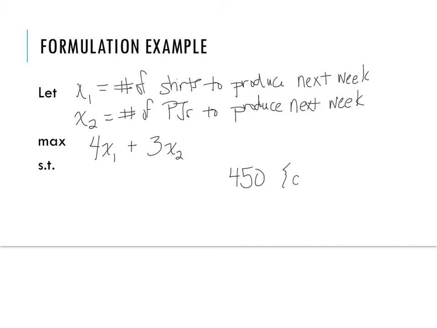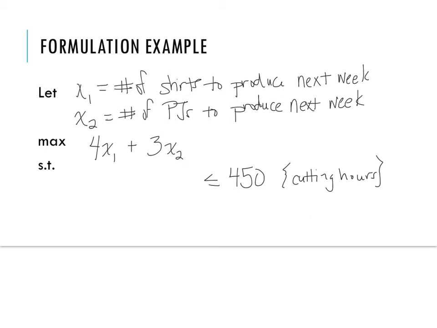So this is cutting hours. All right. We cannot use more than what we have, the 450, so we need an inequality of less than or equal to. So the right-hand side of this inequality is a number. The left-hand side is going to contain variables with the coefficients in front.